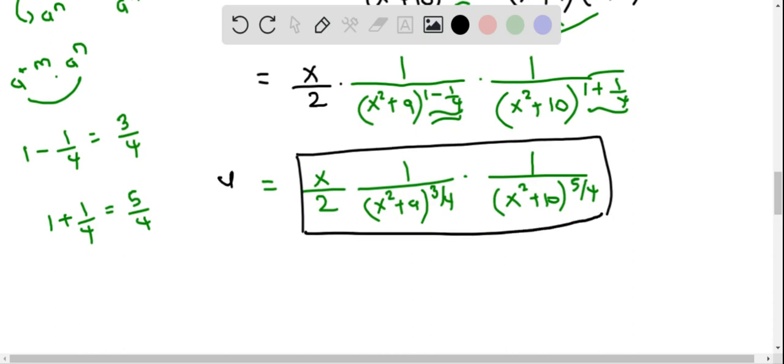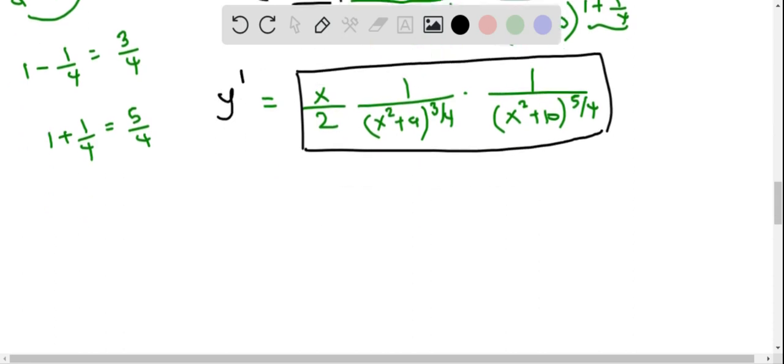So we say that this is y prime, or else we can also give it in a different form. So I'm just going to write down this answer in a different form. I put y prime, and this equals x by 2. Notice that we have this (x squared plus 9) raised to the power of 3/4.